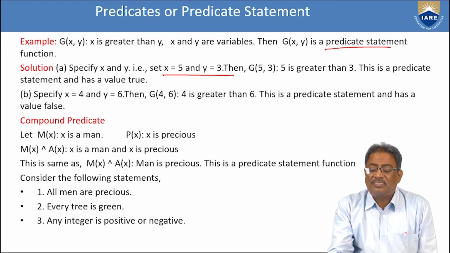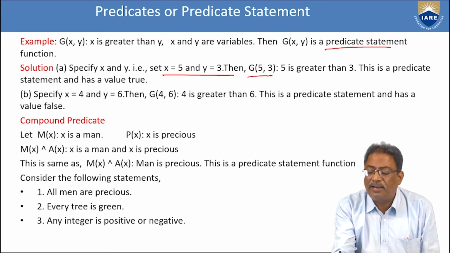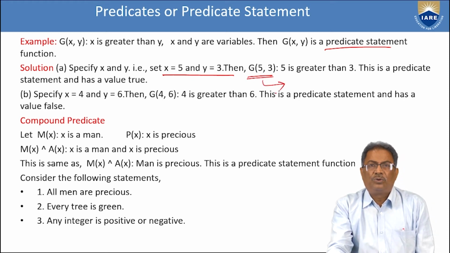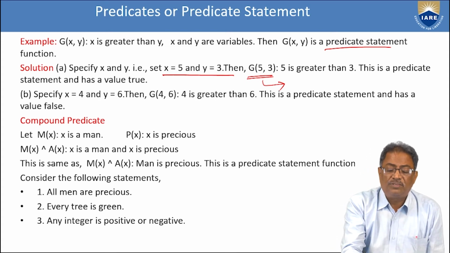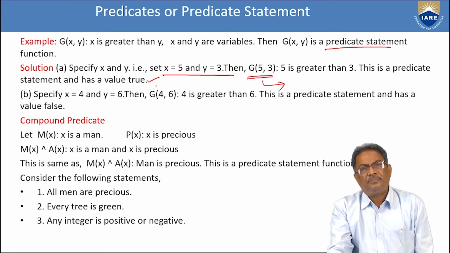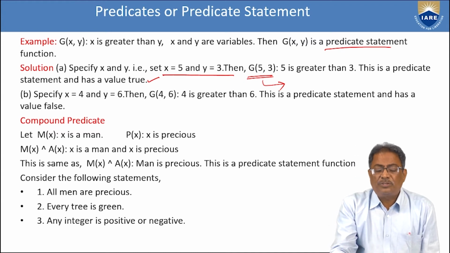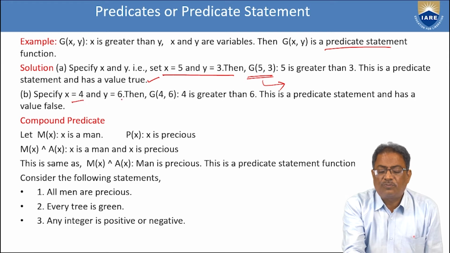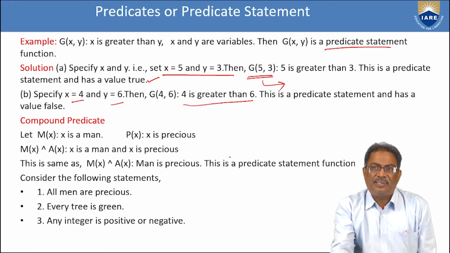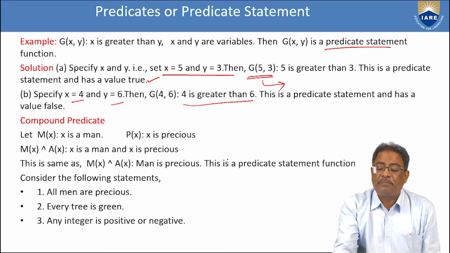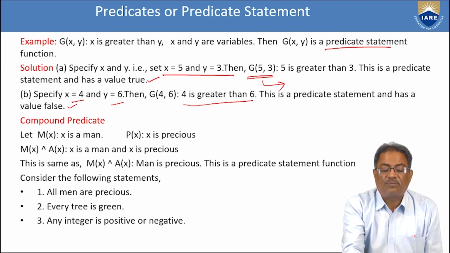So this predicate will have a truth value. 5 is greater than 3, which is true. And similarly, if I give x is equal to 4, y is equal to 6, 4 is greater than 6, and this predicate has a truth value which is false.